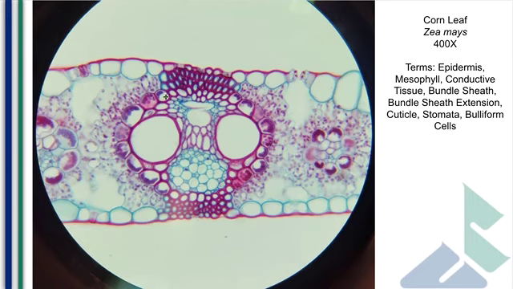We have our bundle sheath where our malate is being shuttled, so that way we can do the dark reaction within this specific cell layer. And then we have bundle sheath extensions, a combination of sclerenchymal, parenchymal, and collenchymal tissue that goes from the bundle sheath to the epidermis on both sides for stability purposes.